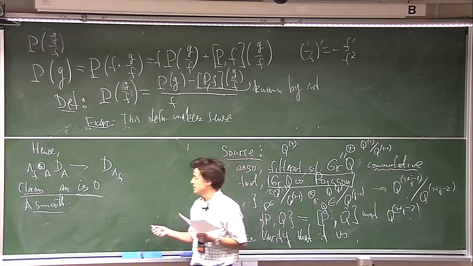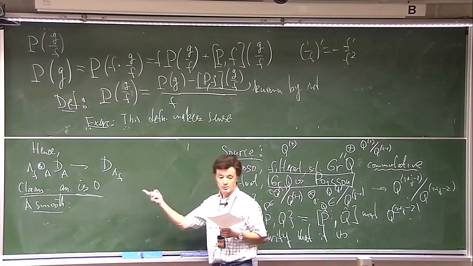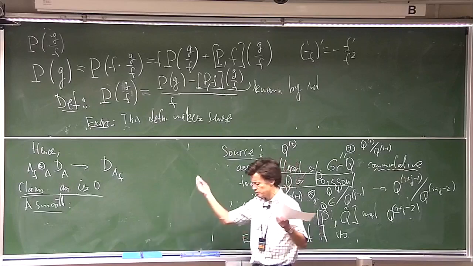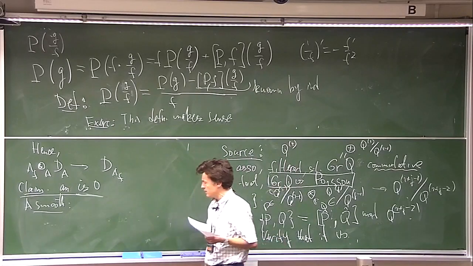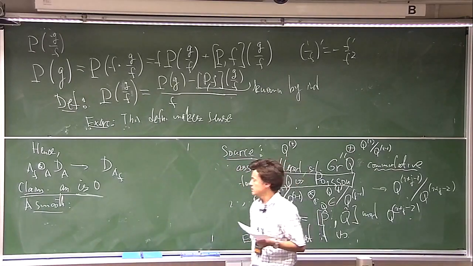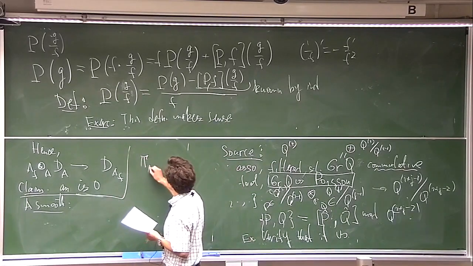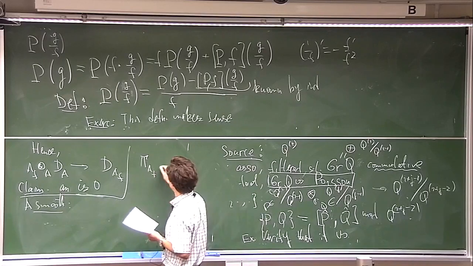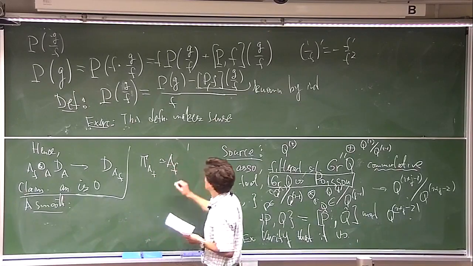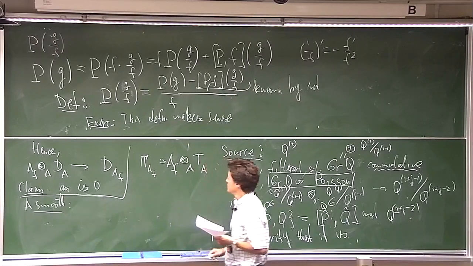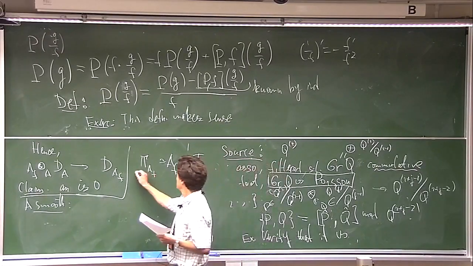In other words, I will do it just for vector fields. Higher powers of vector fields, which generate everything, as we know in a smooth case, can be done similarly. So for vector fields, what is it that we would like to show? That T sub A sub f is isomorphic to A sub f tensor A. All right, so what's that?